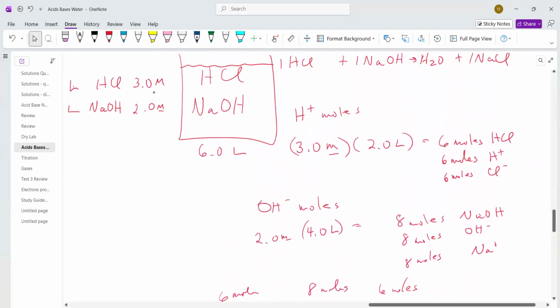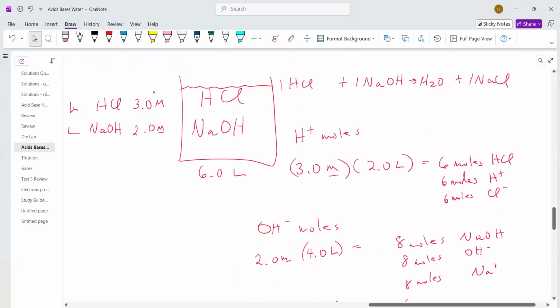Now, this is as tricky as it's going to get in here. Acids and bases, a neutralization problem. So I'm going to have a take-home problem for this test, and it'll be a neutralization problem.